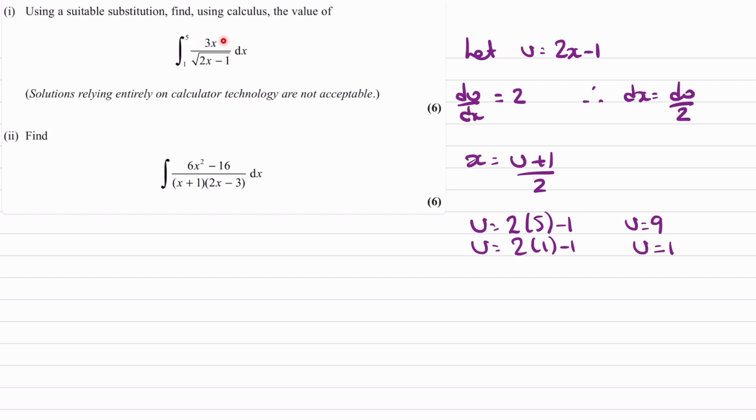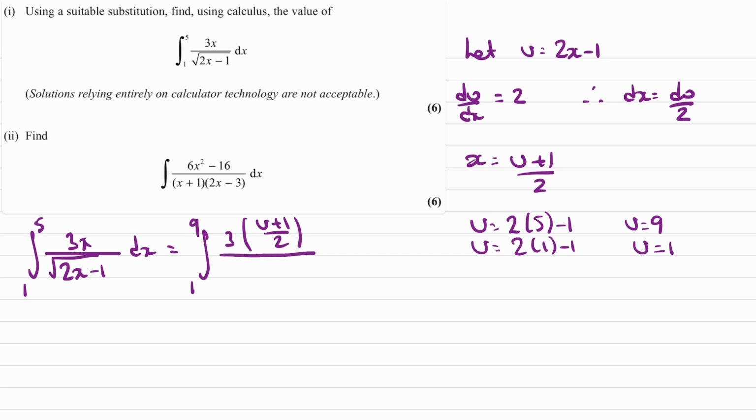So now we can write this integral in terms of u. This will equal the integral between 9 and 1 of 3x, so 3 lots of u plus 1 over 2, over the square root of u, times dx, which is du over 2.